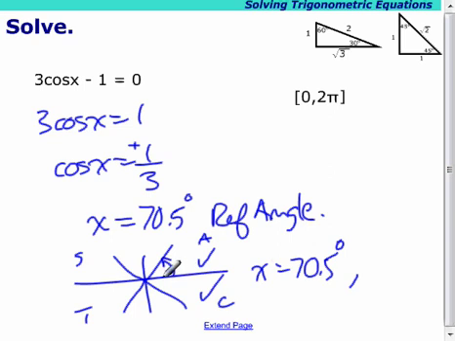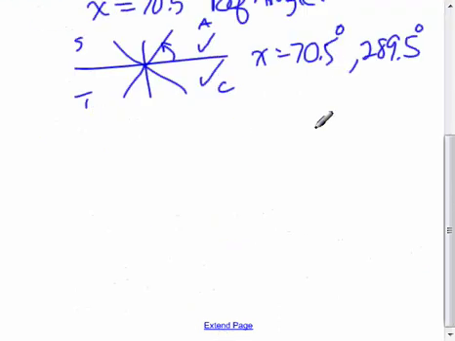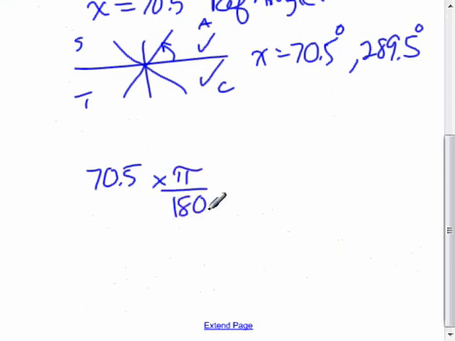And my other answer will be whatever 360 minus 70.5 is. I think it's about 289.5 degrees. Notice in the question it asked us for radians, so I should at this point take both of my degrees and multiply them by pi over 180 and solve for what my radians are.